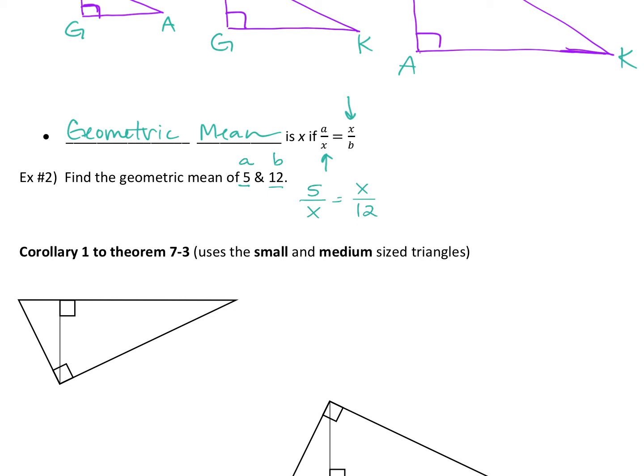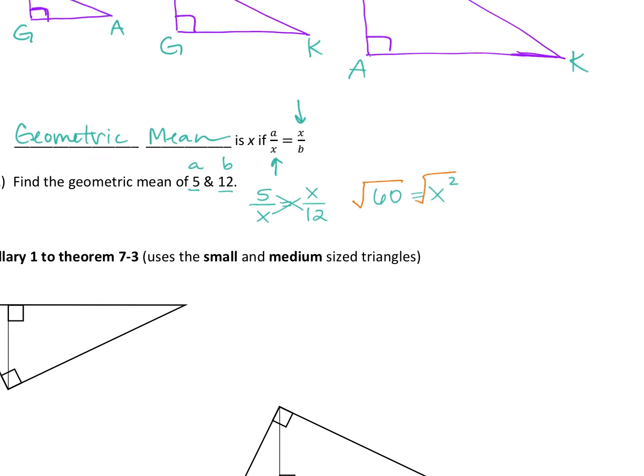So you see what we're doing there? We're just replacing the A and B in a proportion. X stays the same on both of them. So now what we can do is we can cross multiply. 5 times 12 is 60. X times X is X squared. How do you solve for X? The square root. Yeah, we're gonna square root both sides.